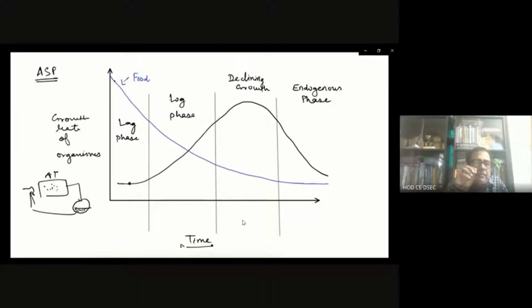So initially the biomass concentration in the aeration tank, in the reactor, is very less compared to the food. But as I have told you, I have shown you the arrow, the lag phase. In this period, the adaptation period, the acclimatization period, bacteria will take time to adapt to that food, that organic matter.